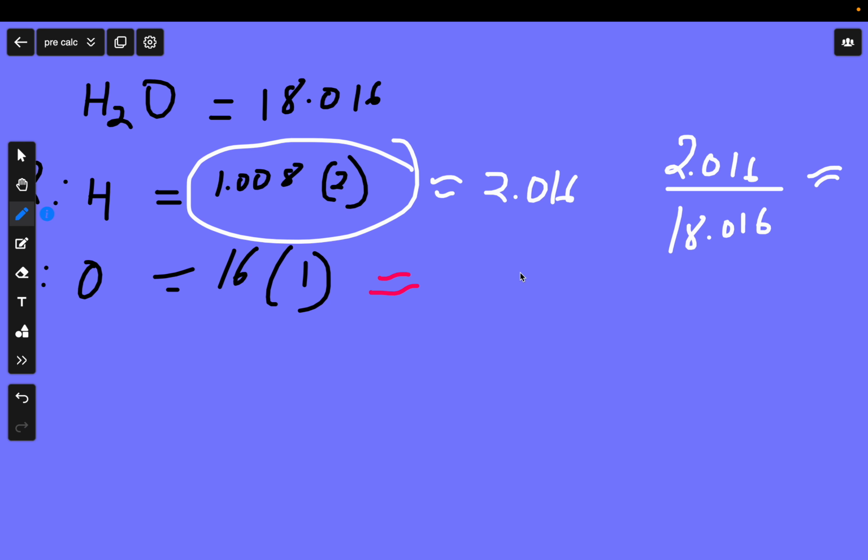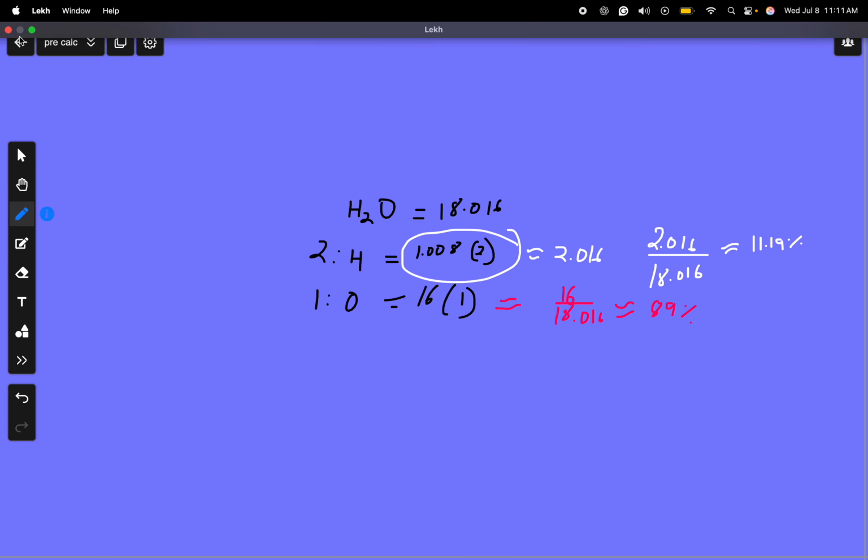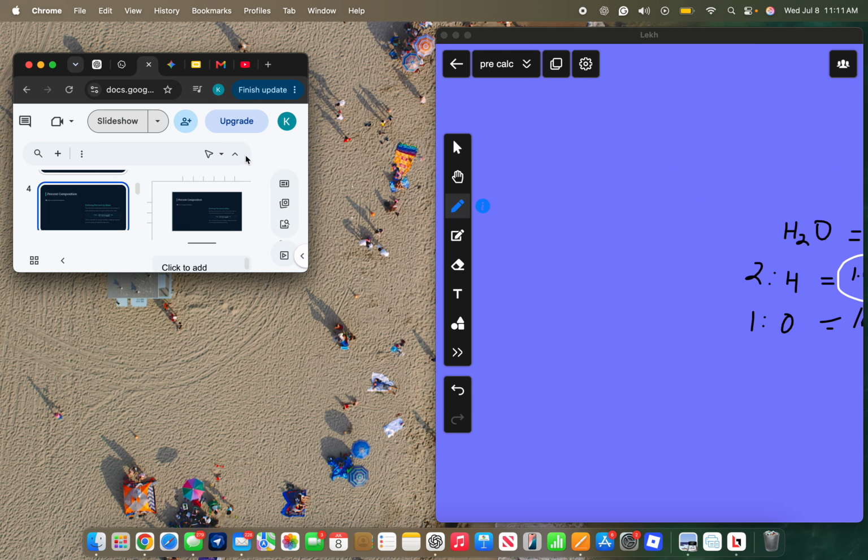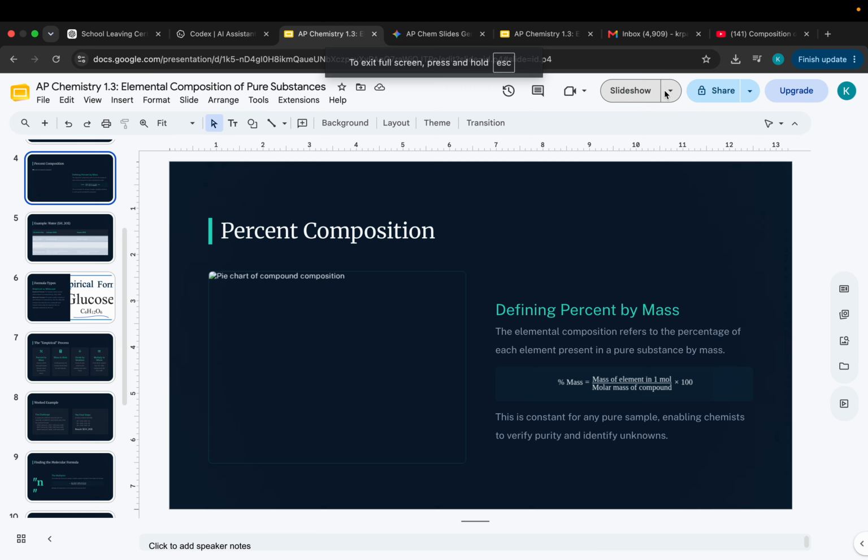You say, okay, oxygen weighs 16. My whole thing weighed around 18. So now I will just do the same division. This thing is going to weigh approximately 89%. Simple, easy peasy. That is how you find the percent mass.